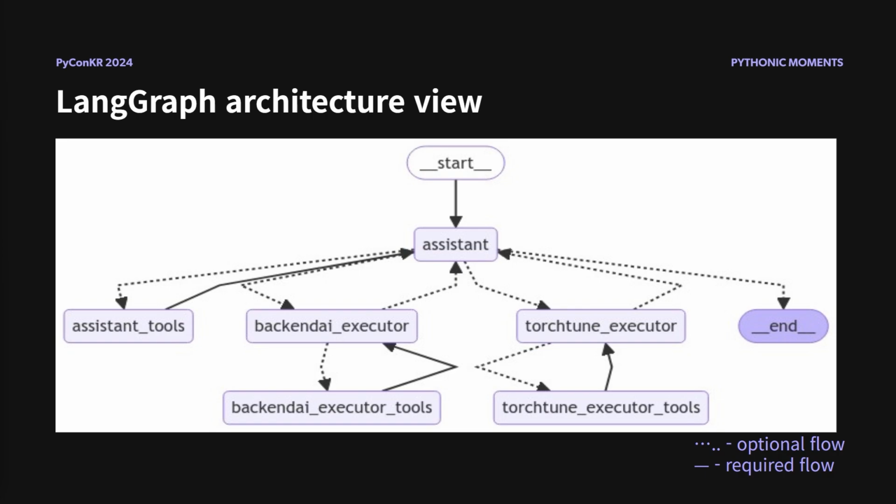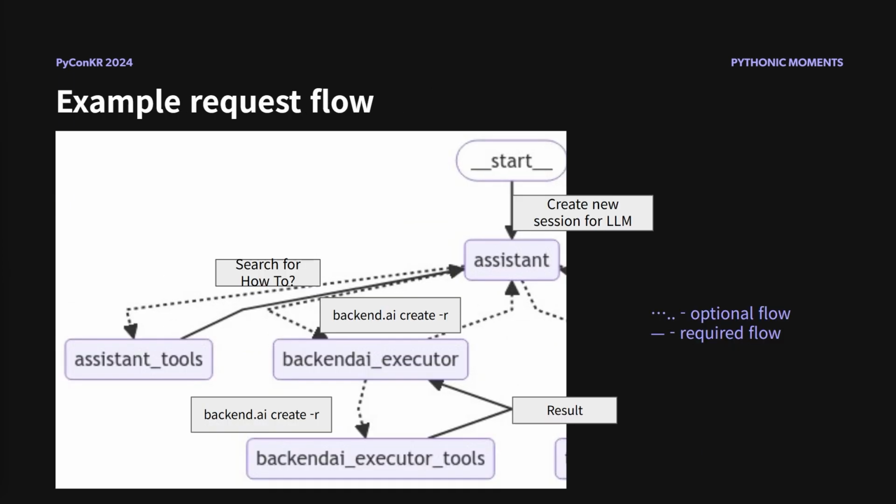A key strength of this architecture is robustness enabled by the existence of cycles. When an error occurs during low-level code execution, each executor node tries to handle the issue first. This could include fixing common mistakes like incorrect options or arguments.